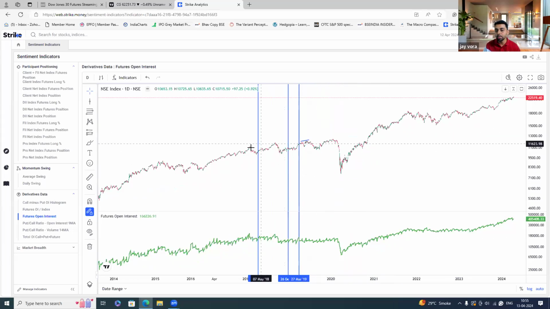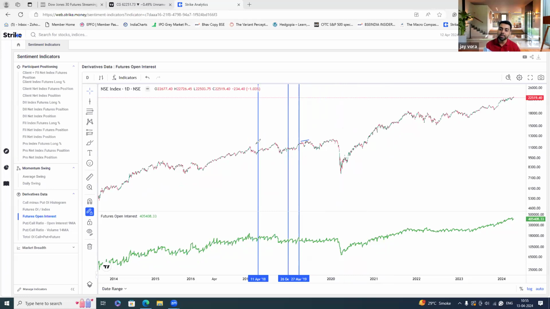Because also, remember that mid cap had actually peaked over here. So this lesser participation in the open interest was also because people were not making money at that point of time in long positions, and most of us usually have this tendency to go long.